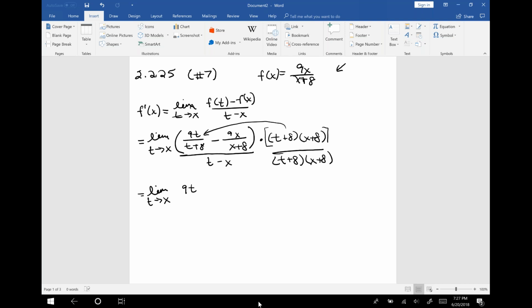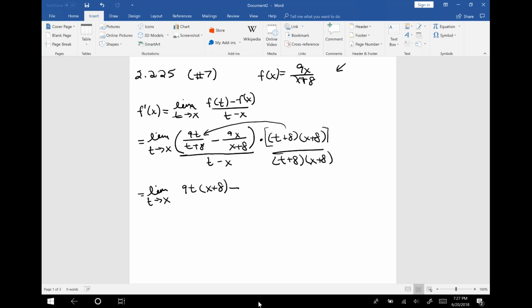The t plus 8s cancel, and we're just left with the x plus 8. So we have 9t times x plus 8. Hopefully that makes sense. If it doesn't, just try distributing that t plus 8 and writing it next to that first term.